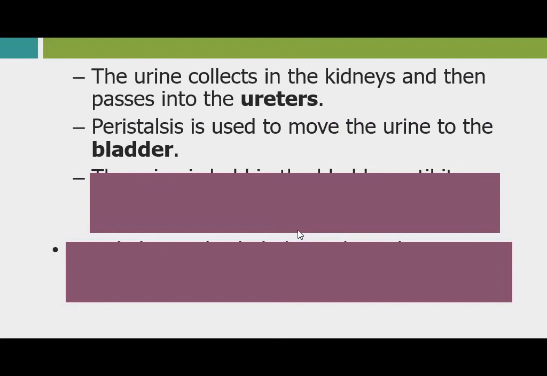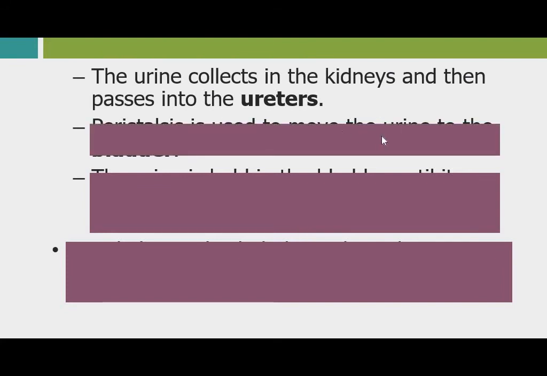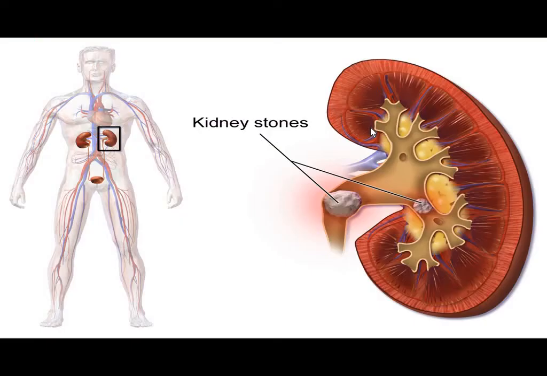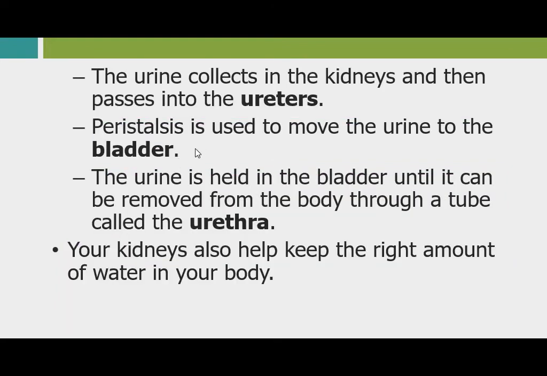Okay, so the urine, as we said, collects in the kidneys and then goes into the ureters. So again, we see that. Here would be the ureter over here as well. So it's getting into there. And from the ureter, a process that we also learned about in the digestive system, peristalsis, a twitching and moving of the muscle lining inside the ureters, moves the urine to the bladder, where it's going to be stored until it can't hold anymore.